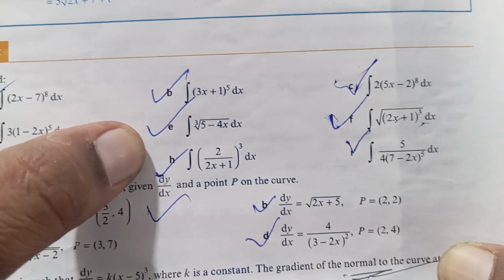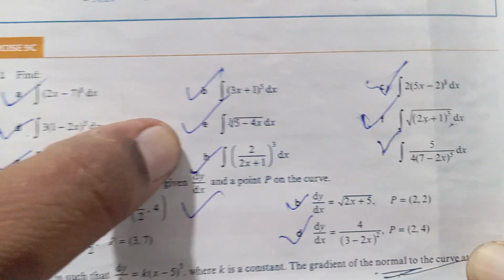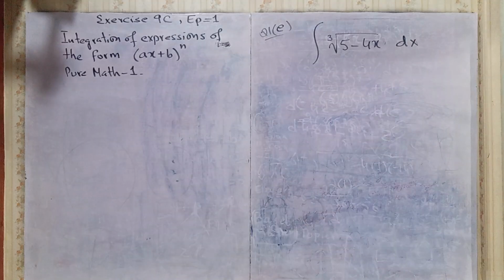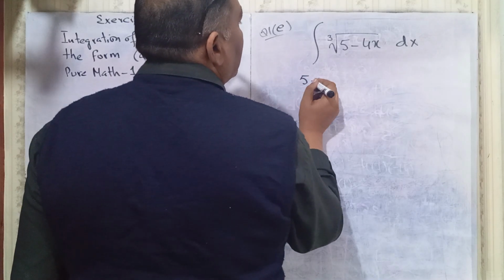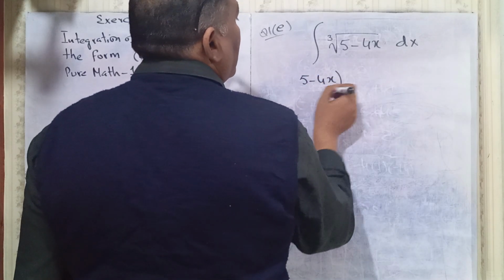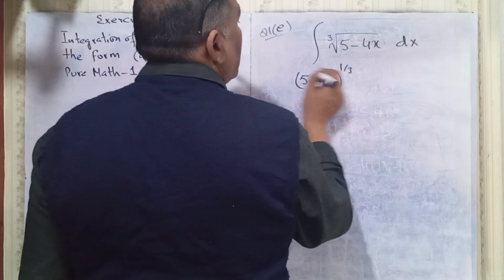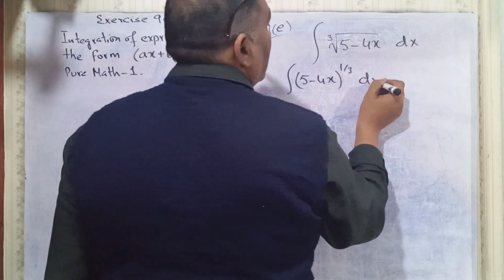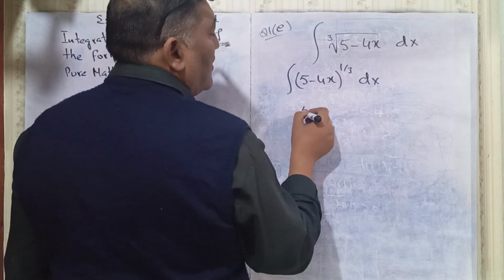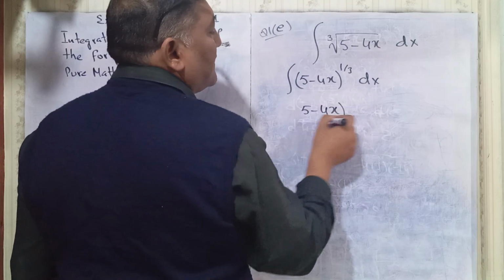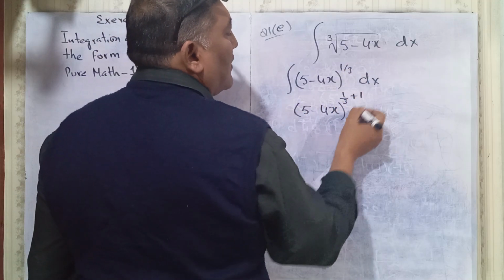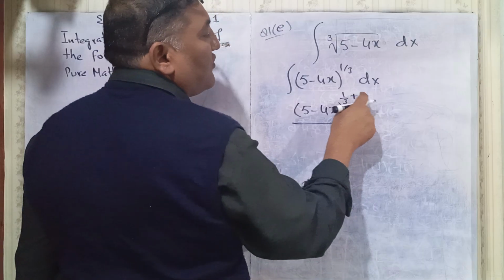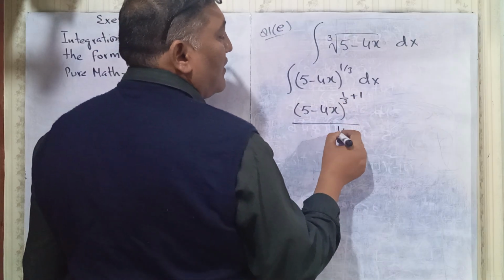Okay, the E part I'm going to work on. Now, what we will do, this is (5 minus 4x) raised to power 1 by 3, integration. So you will write this, increase the power by 1 with the same number, 3, 3 plus 1, 4, 4 by 3.